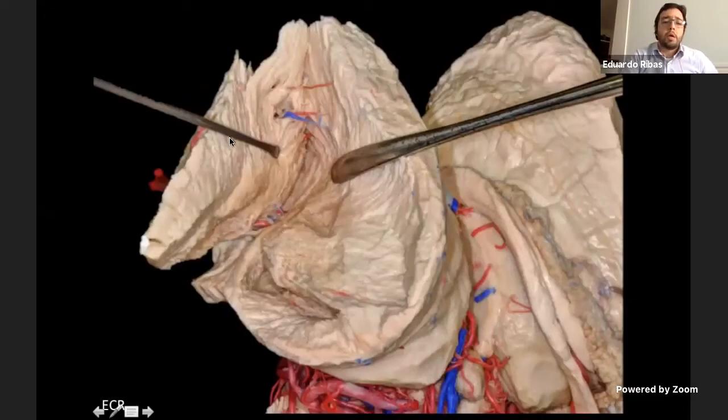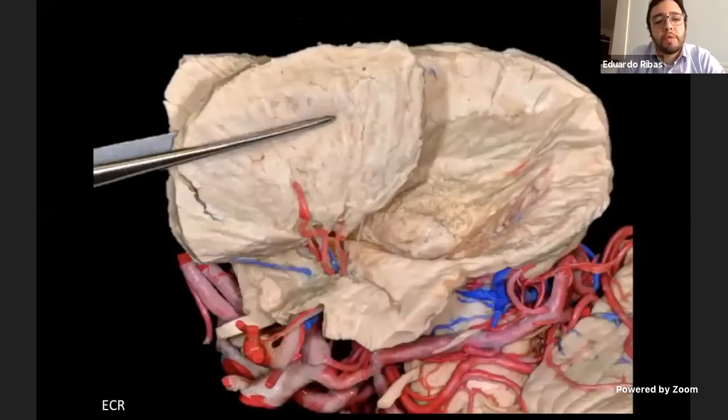Here we are separating the putamen from the internal capsule. So these lenticulostriate arteries, after supplying the putamen, will continue more medially towards the internal capsule. And that's why if you harm one of those arteries, you will not just get a stroke of the putamen, but you will also get a stroke of the internal capsule, and probably you have a motor deficit as well.